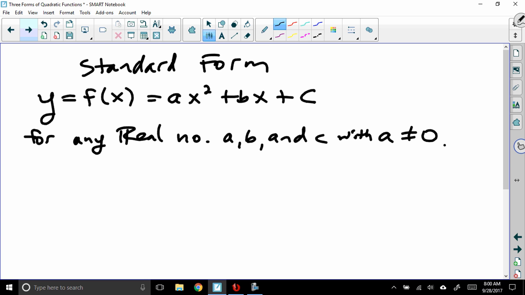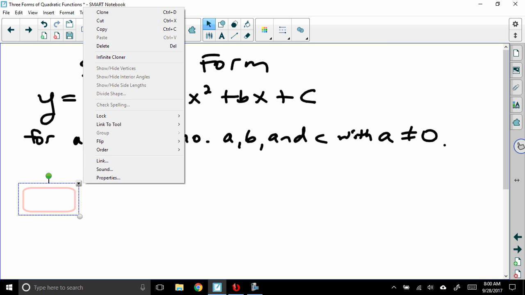So in this particular form, a is not allowed to equal 0. And I think we've mentioned why that's the case before. If a happens to equal 0, what would happen here is this whole first term would go away, and we'd just be left with a line, wouldn't we? So that's why a is not allowed to equal 0, because we'd just have a line left.